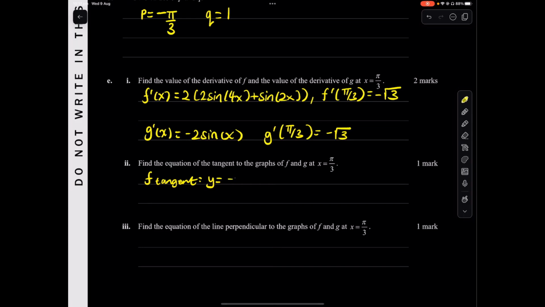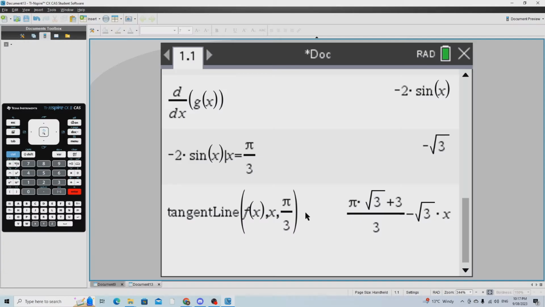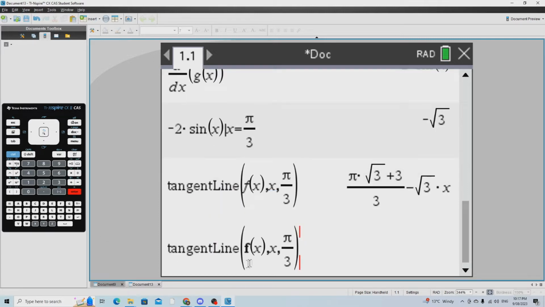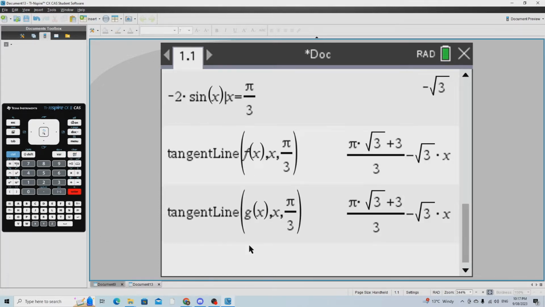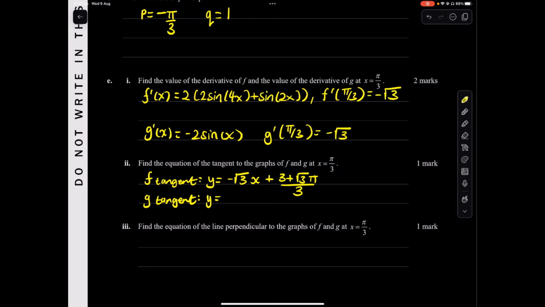So it'll be negative root 3 x plus 3 plus root 3 pi on 3. Yep. And your g tangent is y equals what? So copy that and just put g. And it gives you this over here. It's actually the same. So negative root 3 x plus 3 plus root 3 pi on 3.